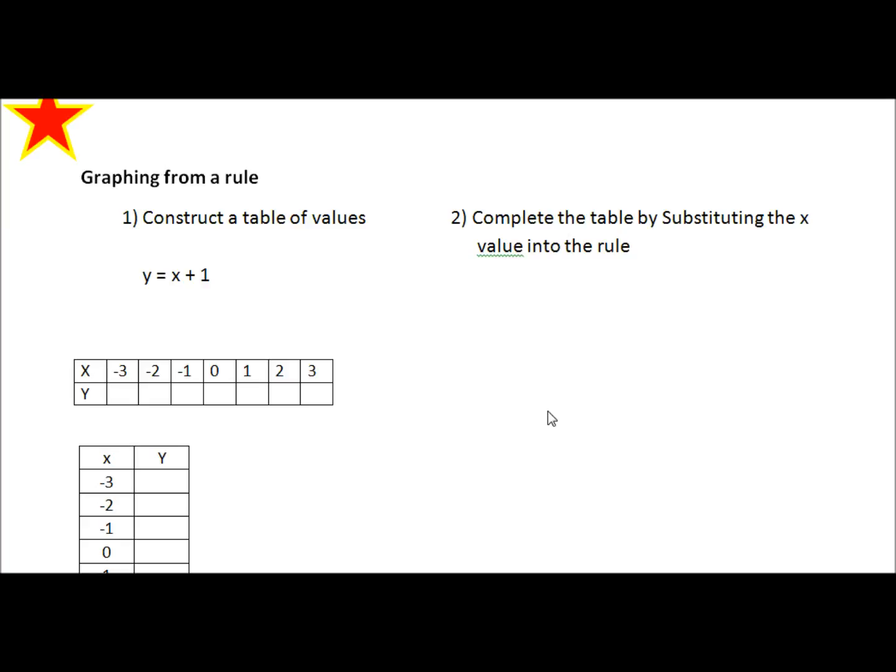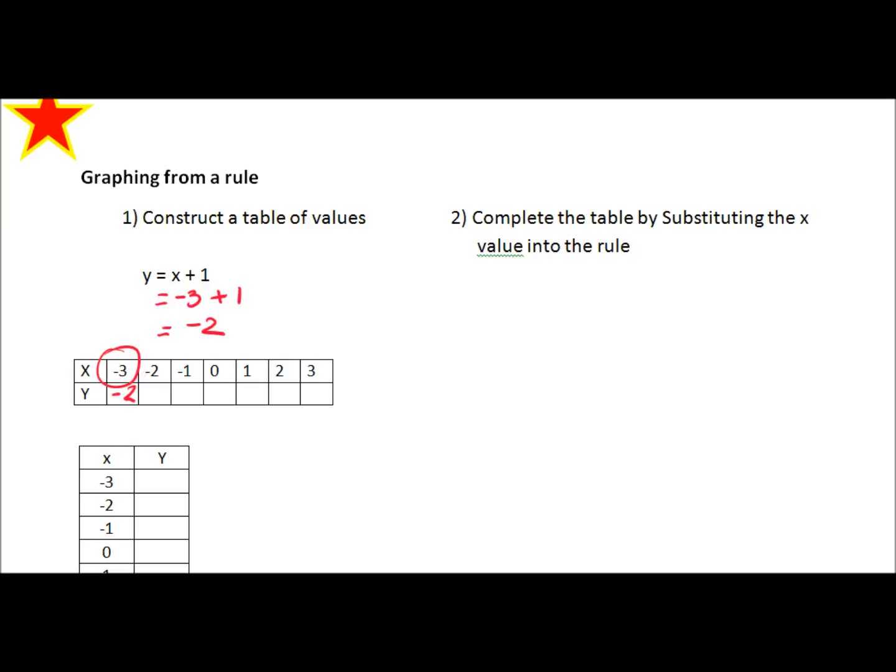What I'm going to do now is take the value -3 and place it into the rule. So y equals -3 plus 1, which equals -2, and I put that down where y is.